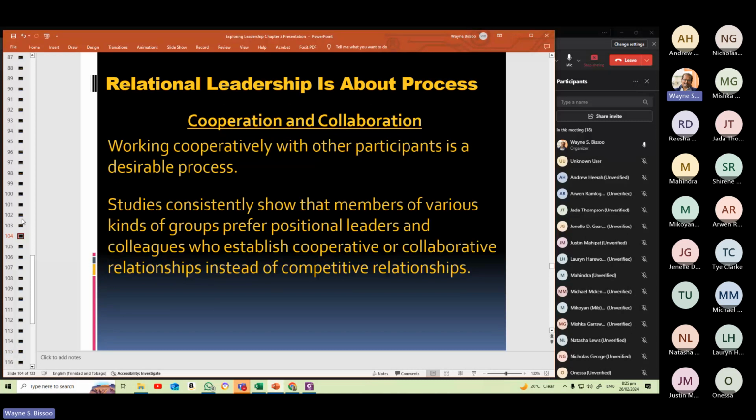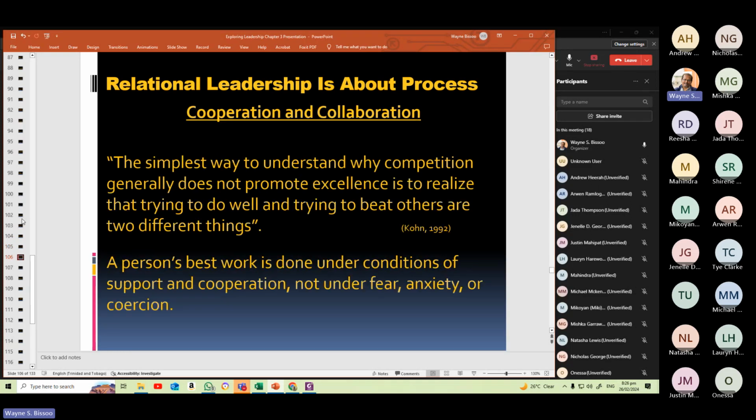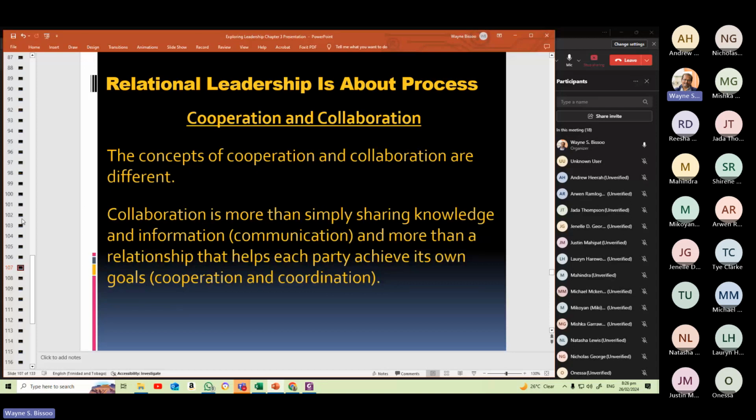It requires more work as well, because working together as opposed to working against is more sustainable in the long run than that competitive approach, because at the end of the day somebody has to lose. When you collaborate and cooperate, everybody wins, or everybody has the potential to win and to improve. Okay, all right, so that's what cooperation and collaboration is speaking to in terms of this process.